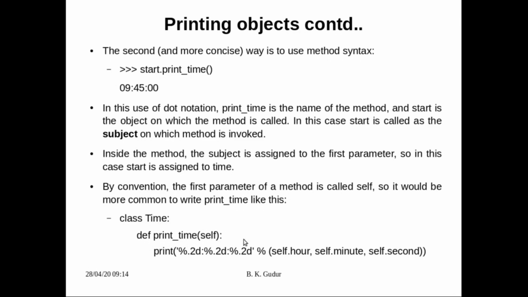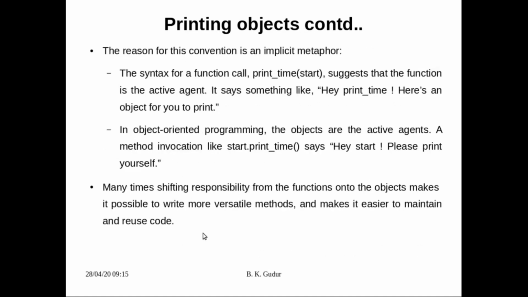Earlier it was t, and we printed t.hour, then t.minute, t.second. Now because it's self, you just write self.hour, self.minute and self.second, right? Because the first parameter will be the object itself. That's the meaning. The first parameter here will be the object itself. Because of that, it's more convenient to call the first parameter self.